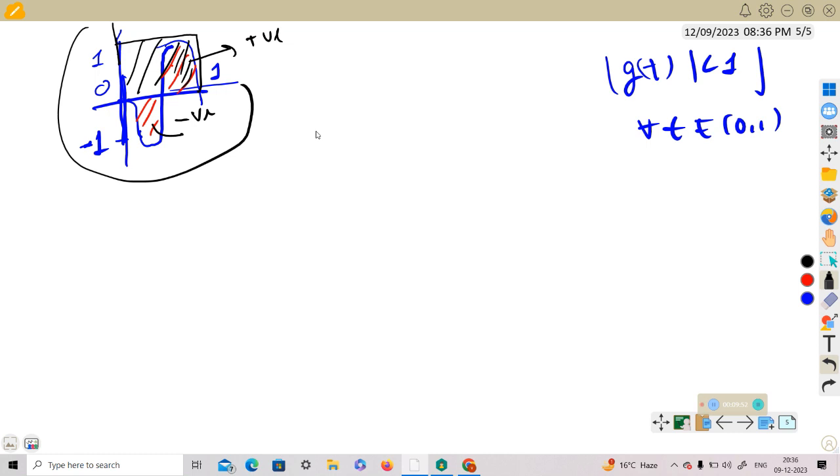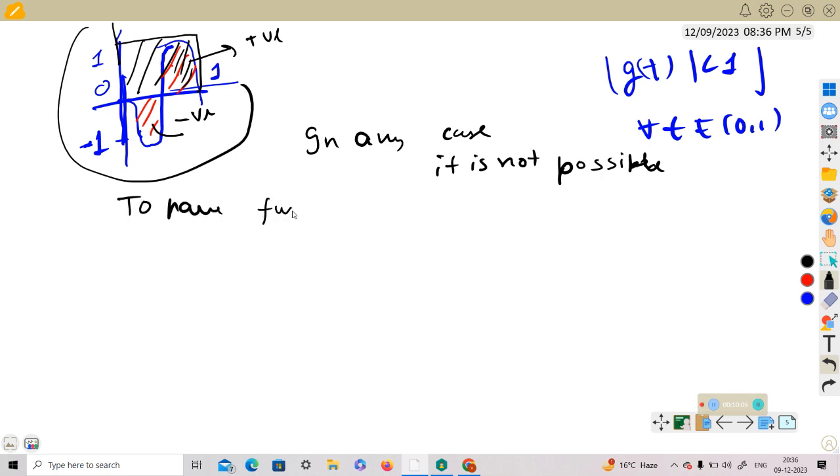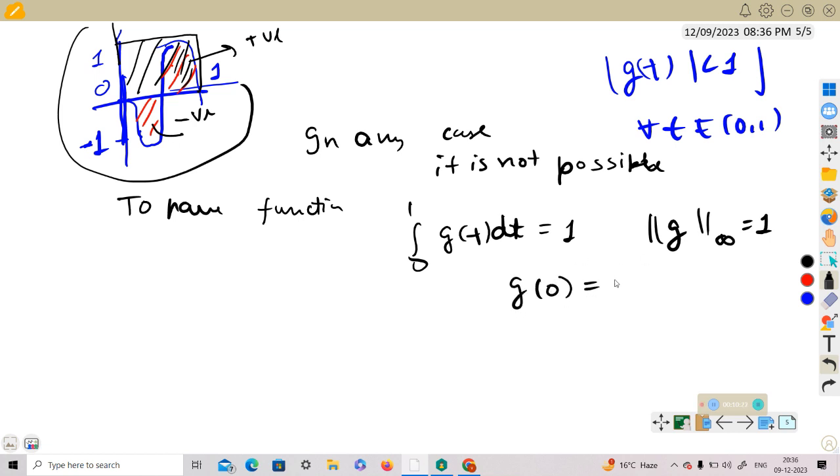So in any case, it is not possible to have a function with the integral of g(t) from 0 to 1 equal to 1, where the area over [0,1] is 1 and its supremum value is also 1, it cannot go beyond 1 or -1, and g(0) is equal to g(1) is equal to 0 and g is continuous.